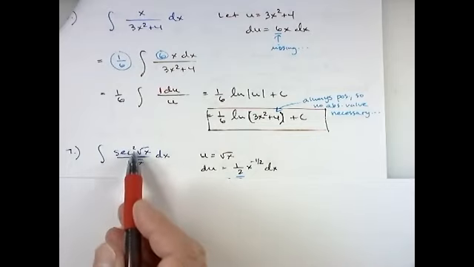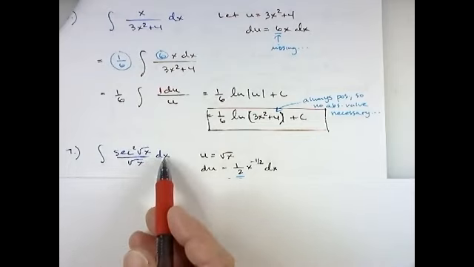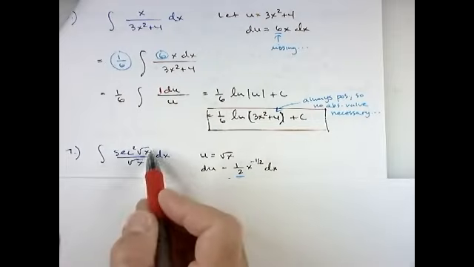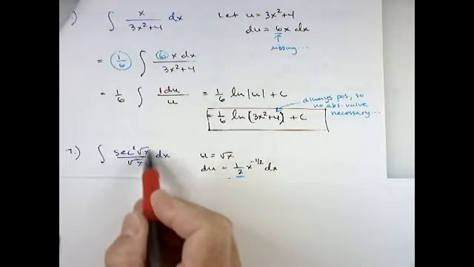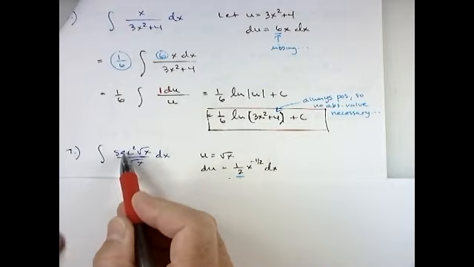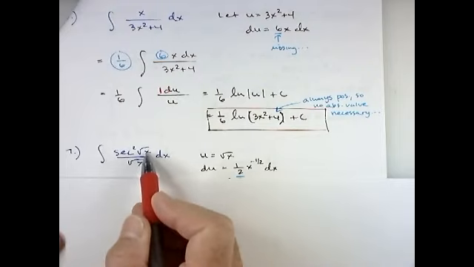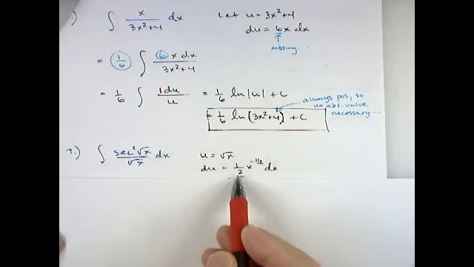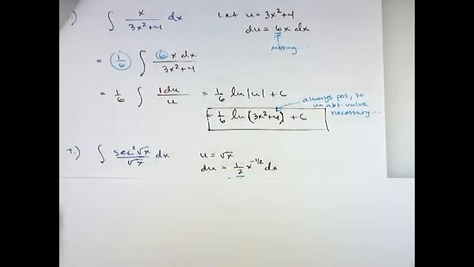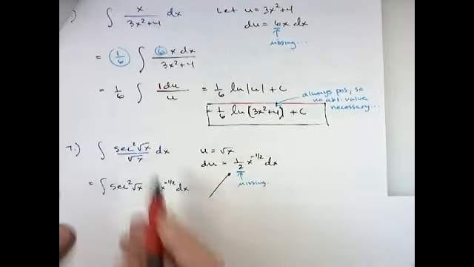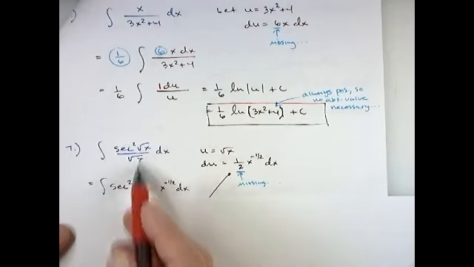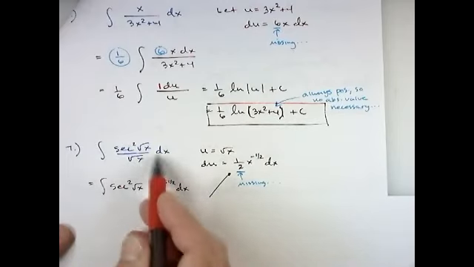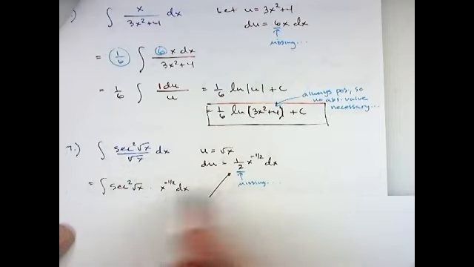Next one, I want to integrate secant squared root x over root x dx. This time I'm going to let u equal just the root x. And my reasoning here is I can integrate secant squared of u. I know that's tangent's derivative, so I just want this to be my u. The derivative of u is 1/2 x to the negative 1/2 dx. And if I rearrange this problem, if I take this other root x and bring it up as x to the negative 1/2, the only thing I'm missing now is this 1/2, right?